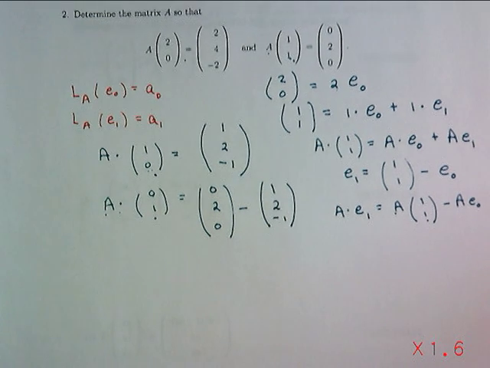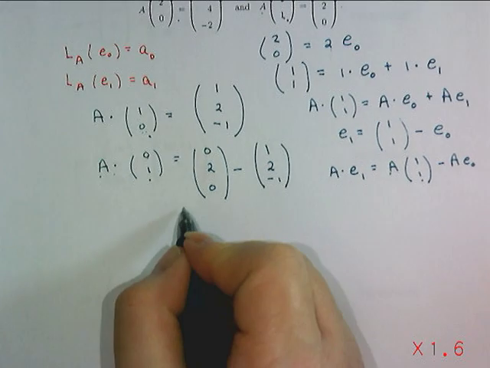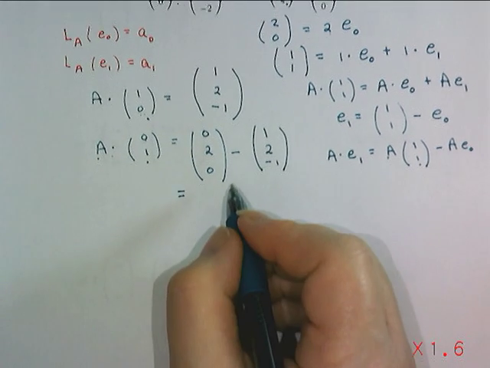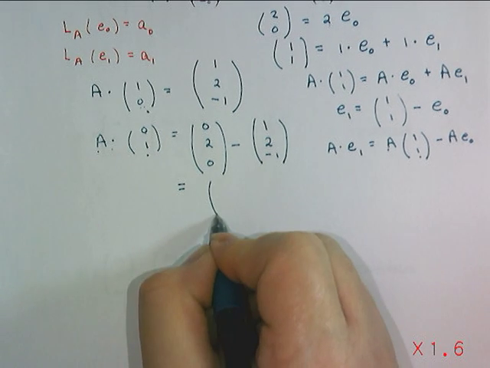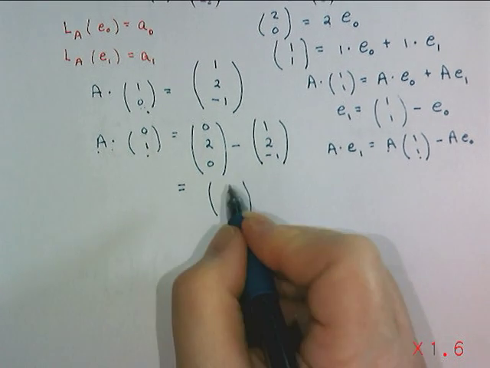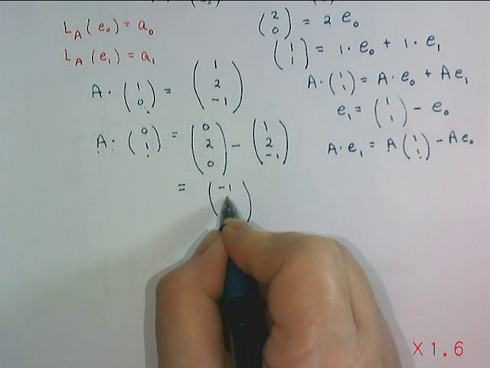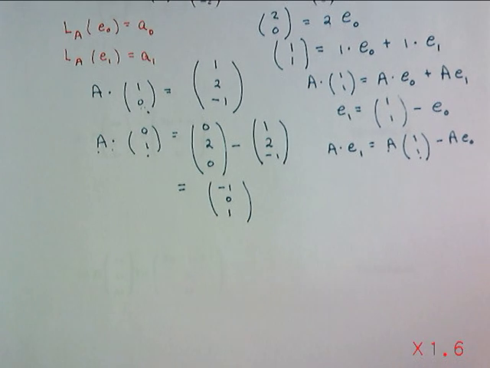Using vector subtraction, the resulting vector has components -1, 0, 1.